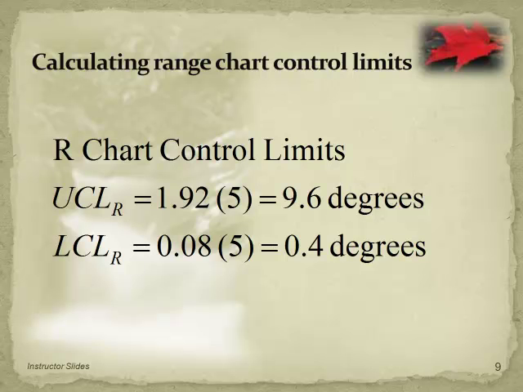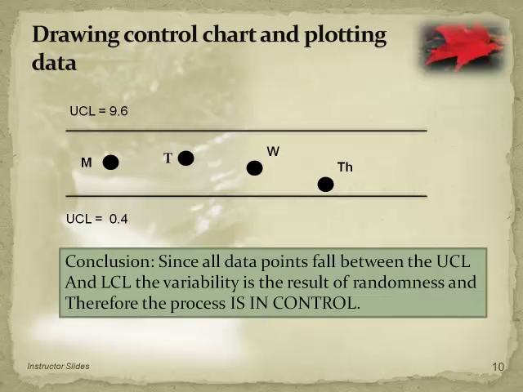So in the range chart, the upper control limit turned out to be 9.6 degrees, and the lower control limit is 0.4 of a degree. So now, having known the upper and lower control limits, I can plot my control chart, plot my data, and draw my conclusion. So I've got my control limits of 9.6 degrees and lower 0.4.